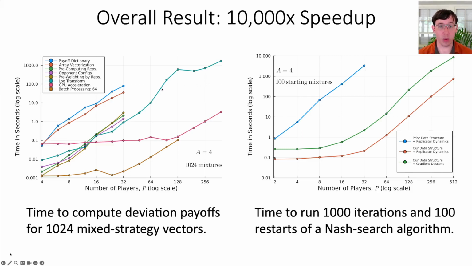And this means both that we can operate on games with many more players than was previously possible, and that we can feasibly run slower equilibrium computation algorithms and still expect results in a reasonable amount of time.